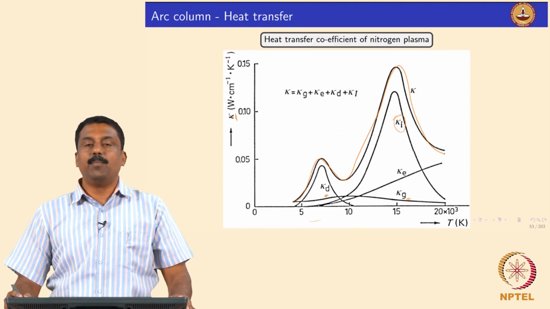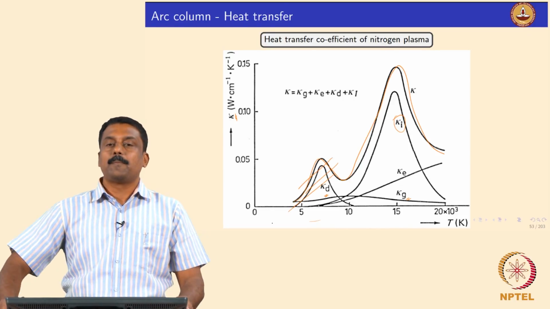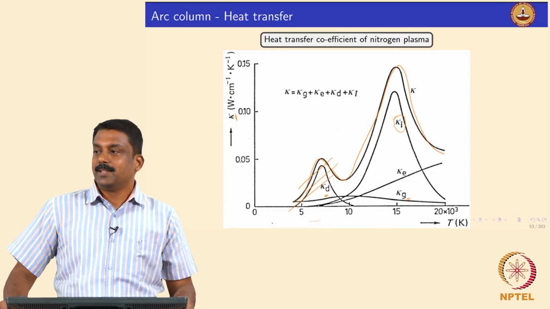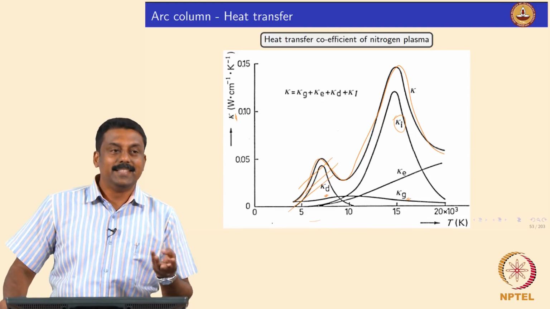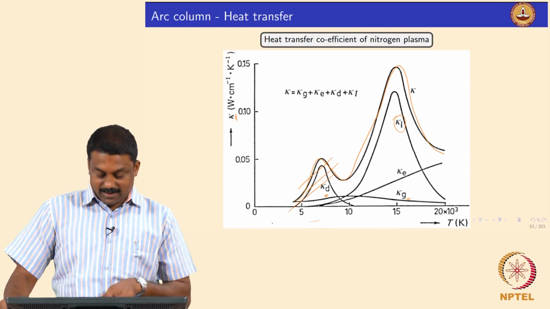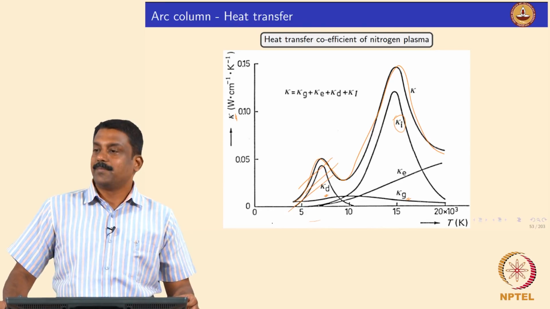If you use a monatomic gas, then this shoulder goes away, isn't it? So, if you mix your arcing gas with diatomic gas, it would considerably change the temperature distribution of an arc.